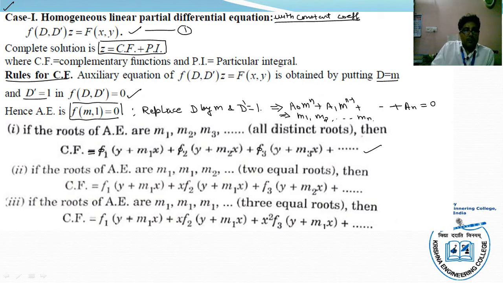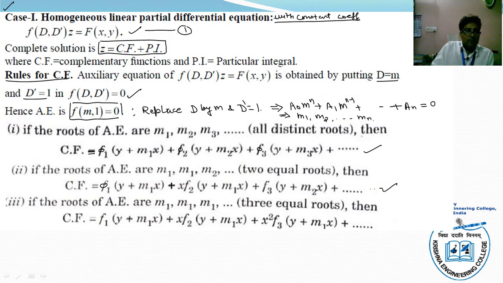If two roots m1 and m2 are the same and the other roots are distinct, then the CF is phi1(y + m1 x) plus, since two roots are the same, multiply the second function by x, x phi2(y + m1 x), plus phi3(y + m3 x) and so on.